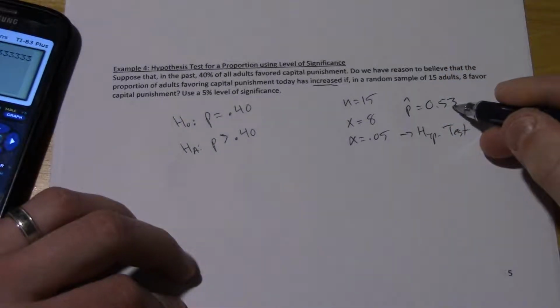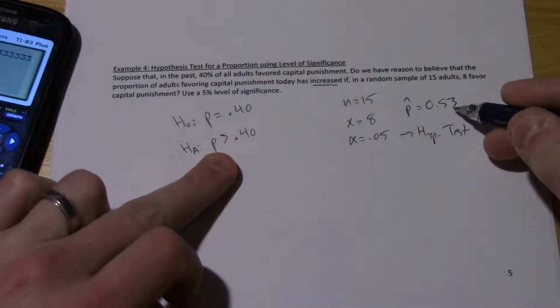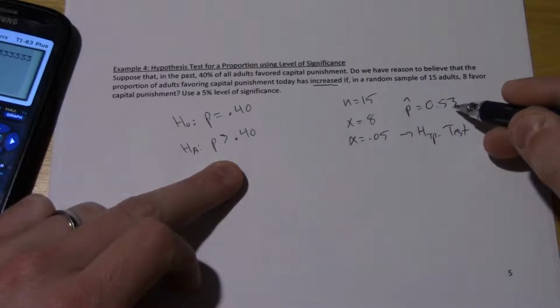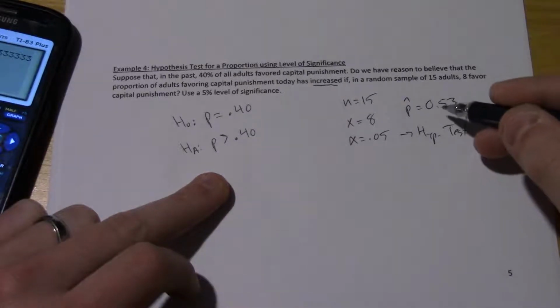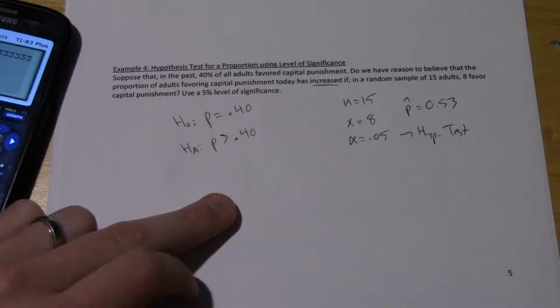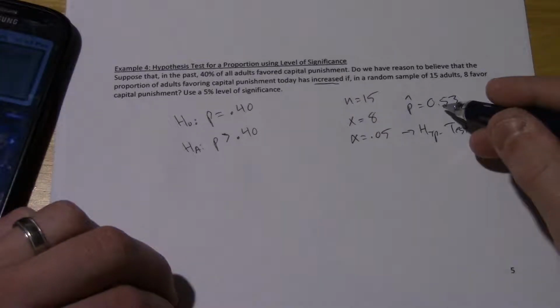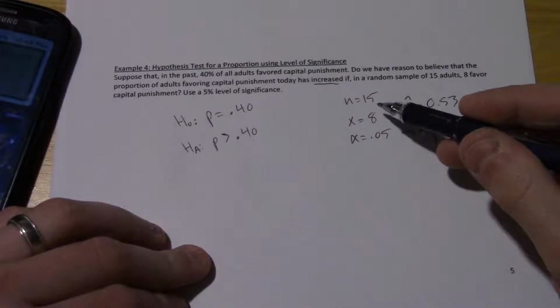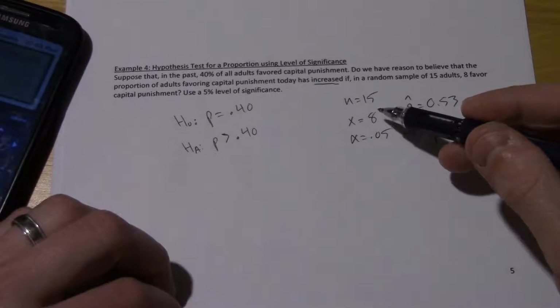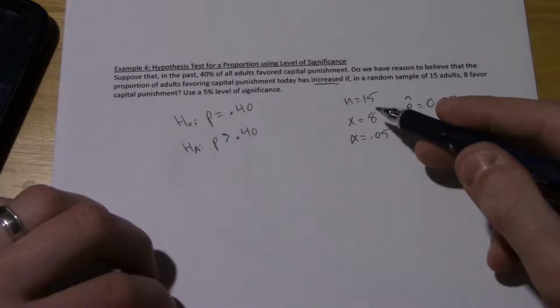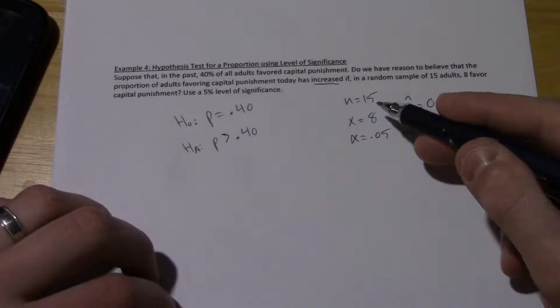So it does seem like it's gone up. We're already agreeing with the alternative hypothesis. Our evidence is that 53% of adults favor capital punishment today, so that's agreeing with the alternative. But we can't just stop there. This is only a sample of 15, which, for the purposes of this problem, we have to assume is large enough.